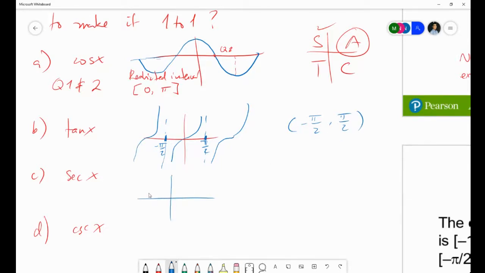All right, so for secant, its reciprocal is cosine. So we're going to have vertical asymptotes here and here. Now what do we need in order for it to be 1 to 1? What do you think? Can I choose 1 and 4?